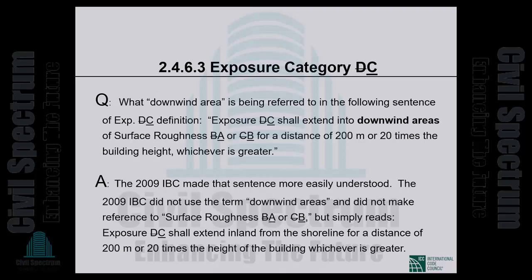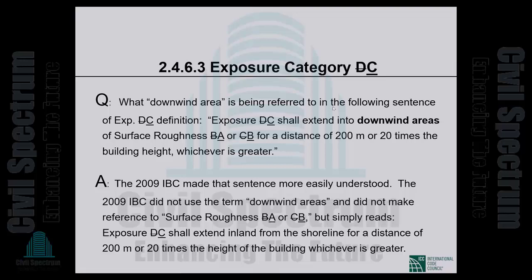Now, what downwind area is being referred to in the following sentence? Exposure C shall extend into downwind areas of surface roughness. Okay. We said that 2009 IBC made that sentence more easily understood.